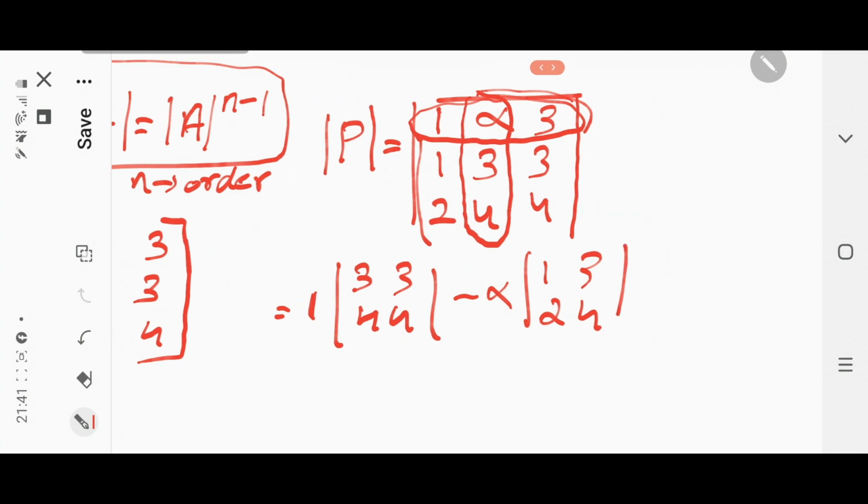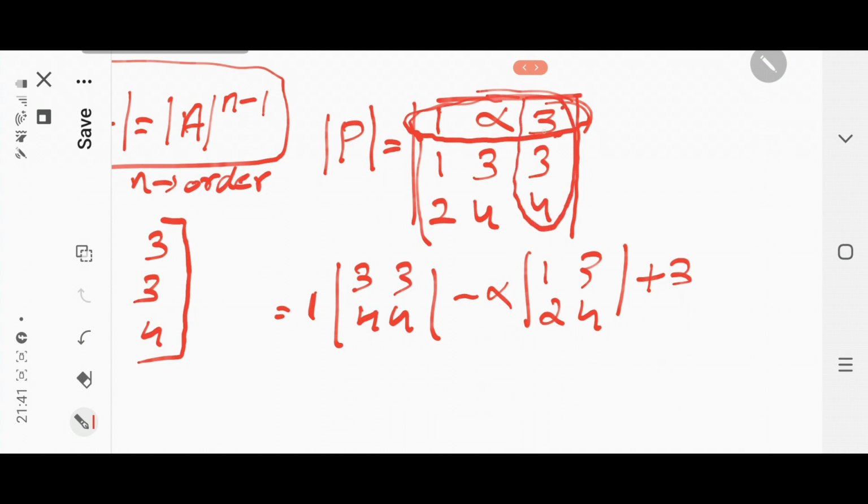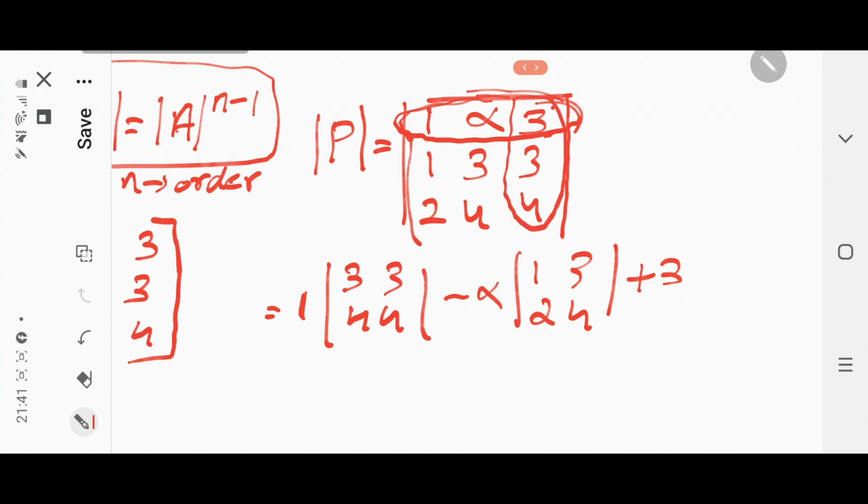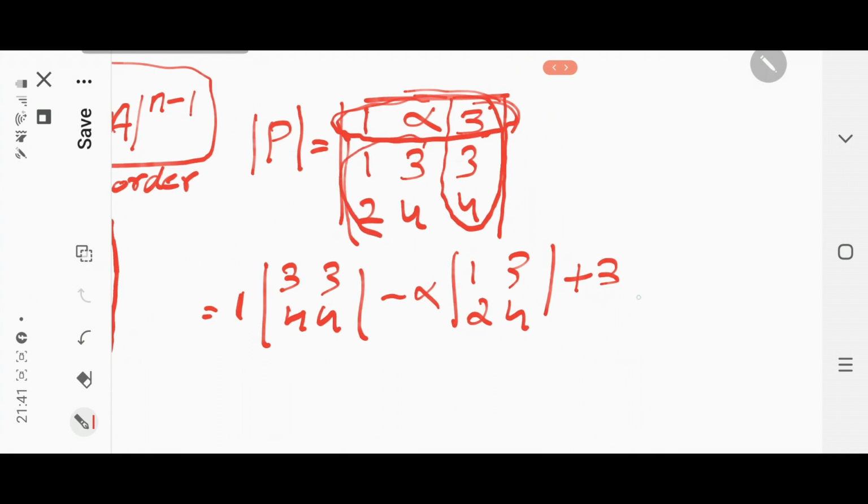Then you take the next element in the first row, which is 3, so plus 3. Remove the row and column corresponding to 3, and you get the 2 by 2 matrix 1 3 2 4.